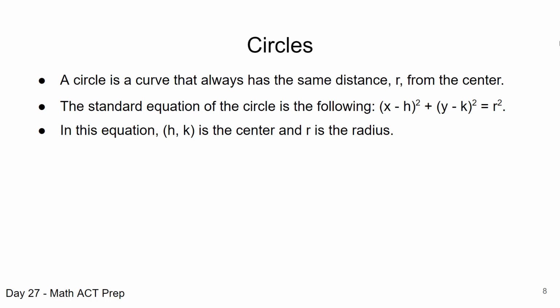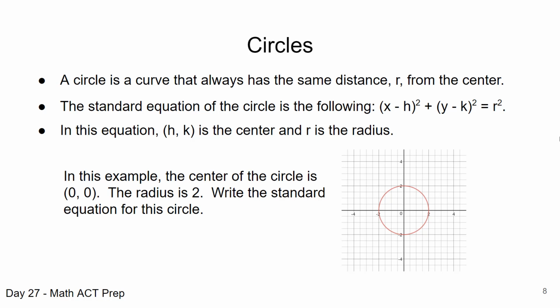So if you had an h, k center value of 3, 4, you would have (x minus 3) squared plus (y minus 4) squared. So you take the opposite sign, because the negative sign is standard in the equation. And we always have the plus sign in the middle between the two.